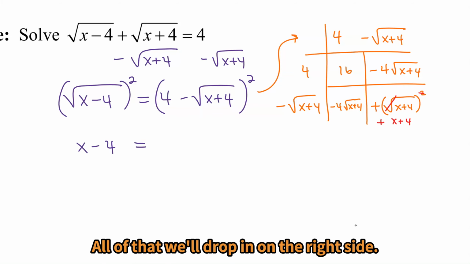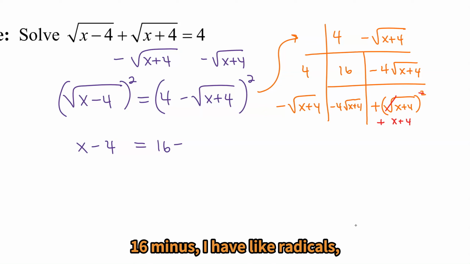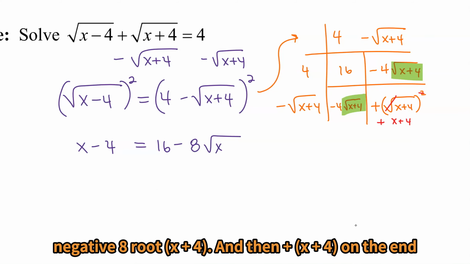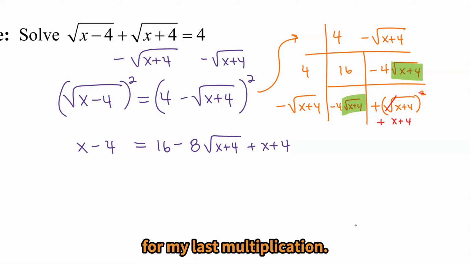All of that will drop in on the right side. 16 minus, I have like radicals, so I'm going to add negative 4 and negative 4, which gives me negative 8 root x plus 4, and then plus x plus 4 on the end from my last multiplication.